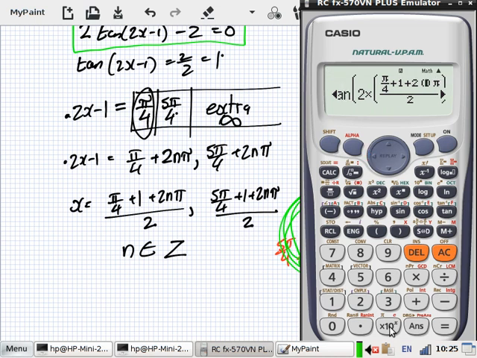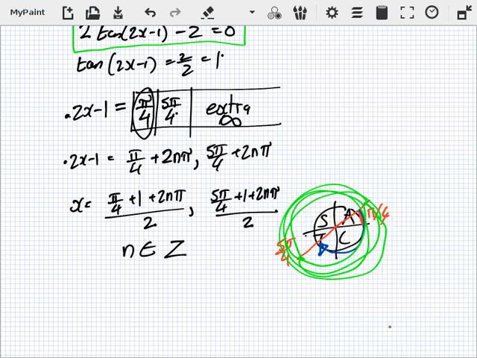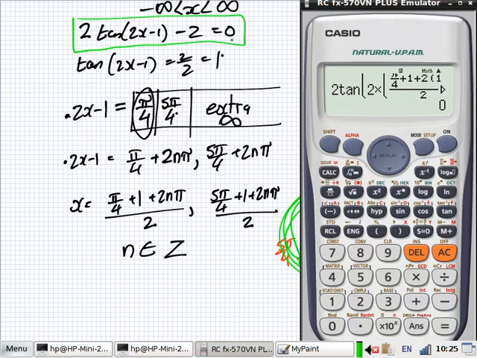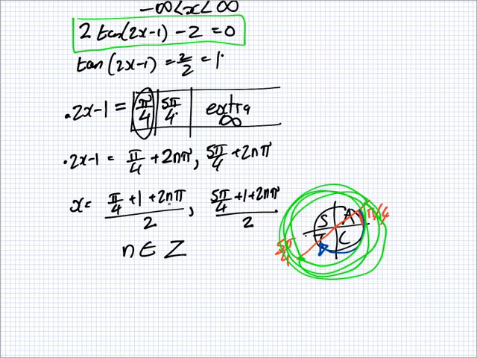Let's just pick a value for n. We'll say n is 1. I should get 0 in total. Okay, I do. Let's pick another value for n, say minus 3. Regardless of the value of n I pick here, it will make the equation equal to 0.